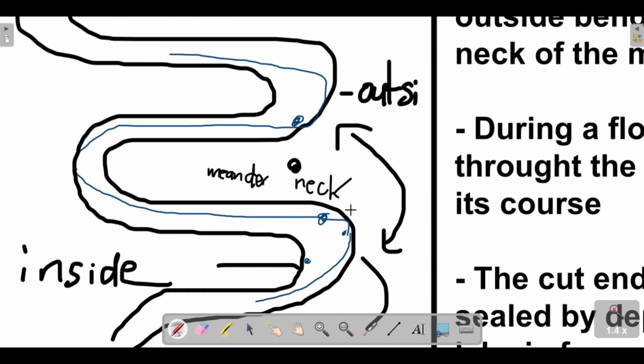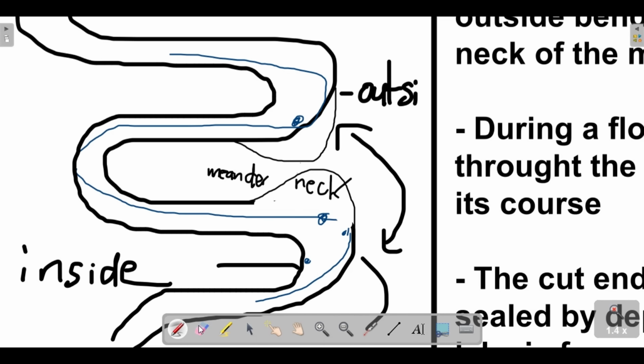These will start to close up. You are removing material more frequently on the outside banks, such that the meander neck becomes narrower and narrower. So we also see more erosion again on the outside bank.